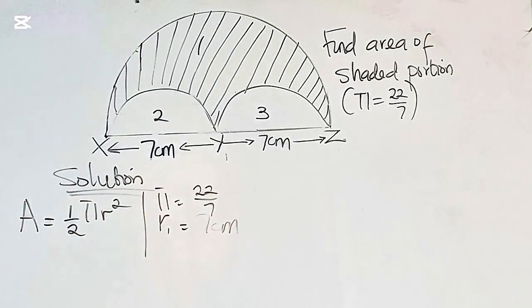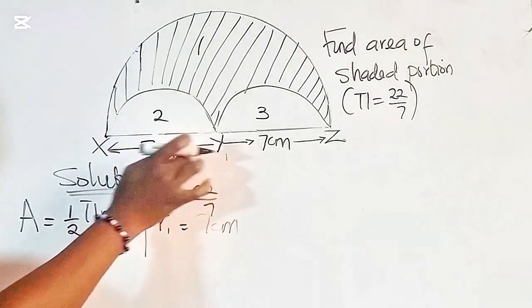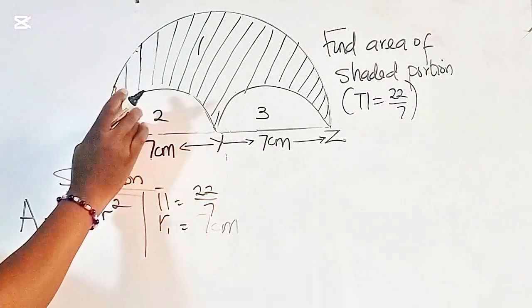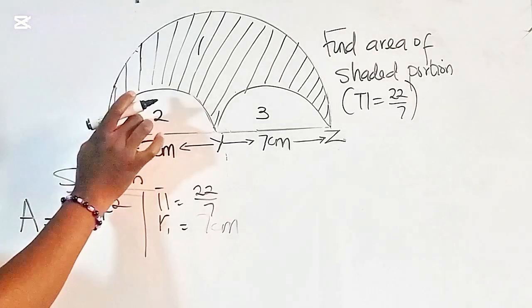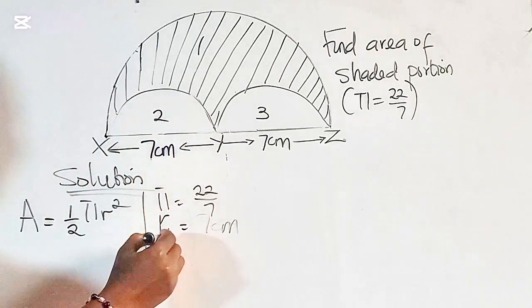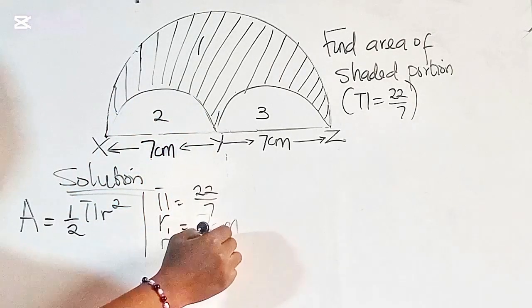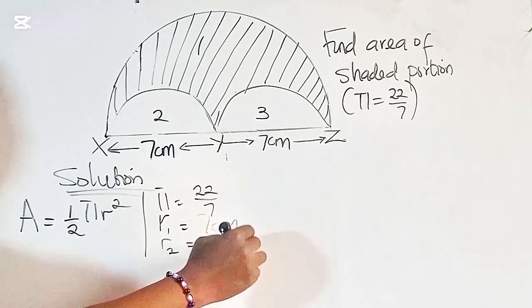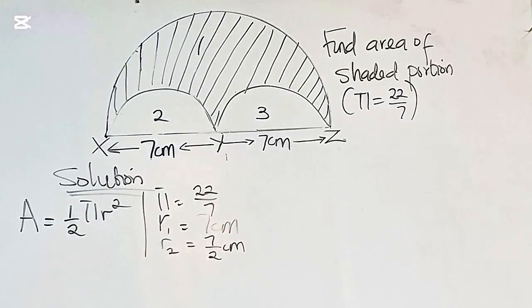centimeter. And then we are going to determine the radius for the two smaller semicircles. So XY is the diameter for this second semicircle. So the radius for the semicircle, if we call it r, is going to be 7 divided by 2 centimeter. Now let's find the area of the shaded portion.